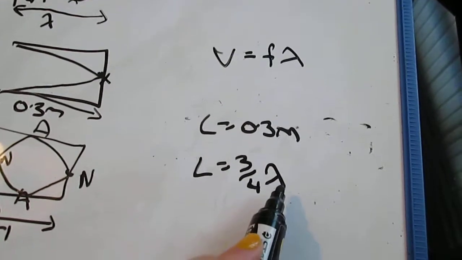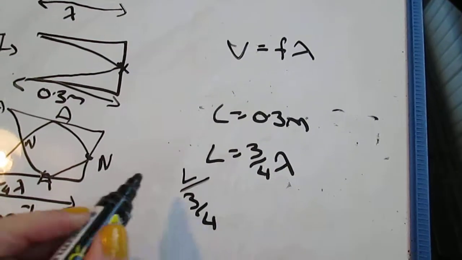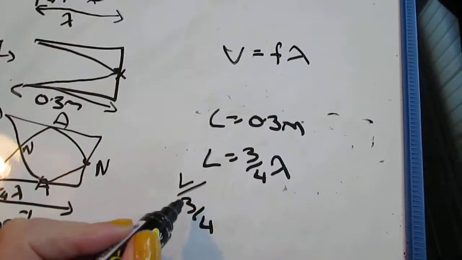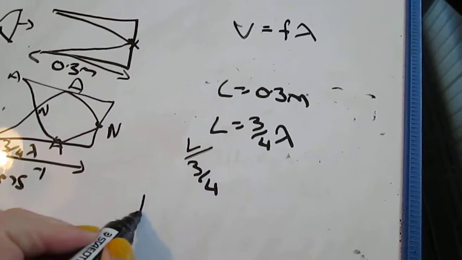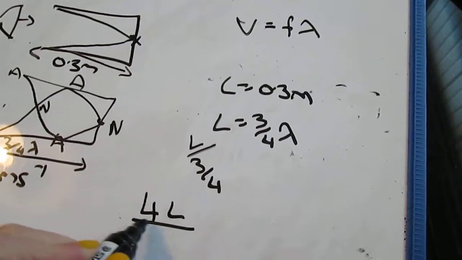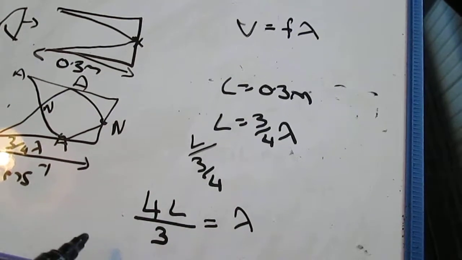If I want to find lambda, I'm going to divide by 3/4. When I have a fraction divided by a fraction, I take the bottom fraction, turn it upside down. It's going to become 4L over 3 is equal to lambda.